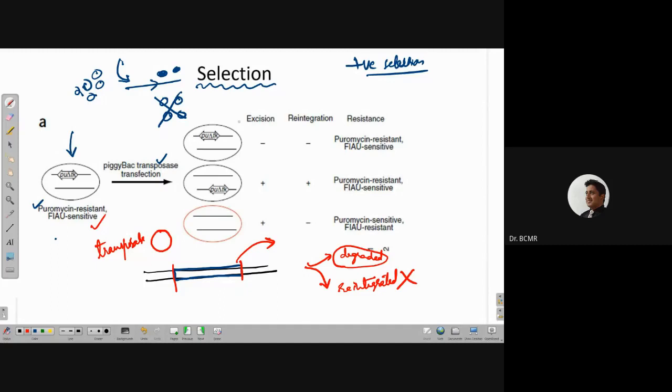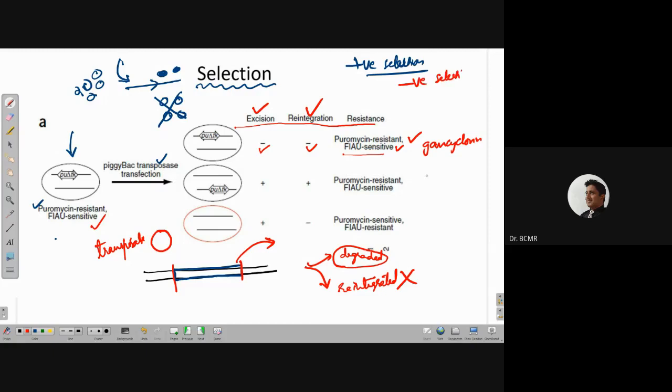So there are several possibilities: excision happened and reintegration happened or not. These are the events possible. If excision did not happen and reintegration did not happen, the cells will remain puromycin resistant and FIAU sensitive. It is almost the same as ganciclovir. I hope you remember negative selection.